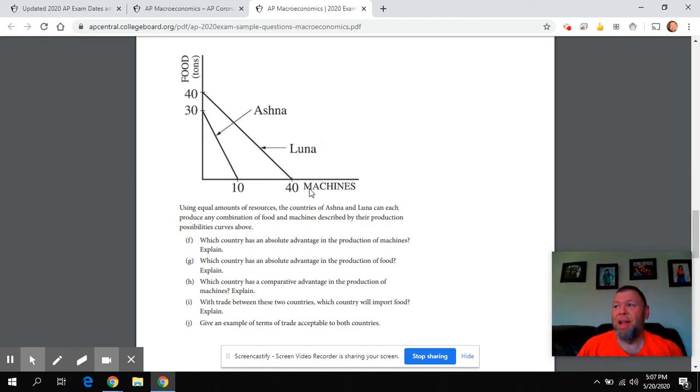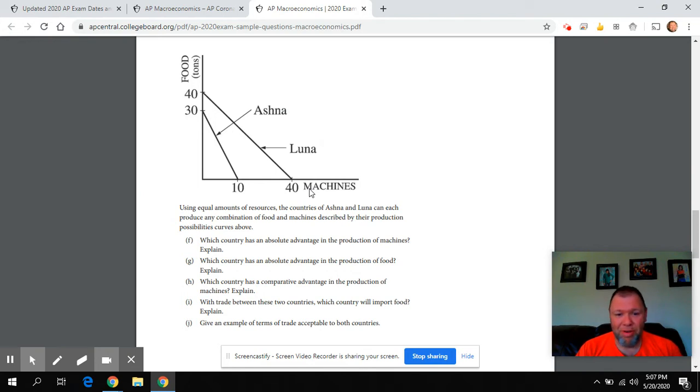Your explanation does not have to be like an English essay. Luna. Explain. 40 is greater than 10. That's all you need to do. That can be your explanation. Luna makes 40 machines. Ashna makes 10. Who has the absolute advantage? Luna. Why? 40 is more than 10.